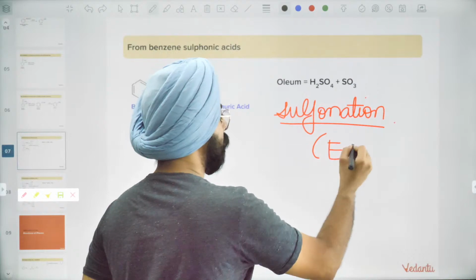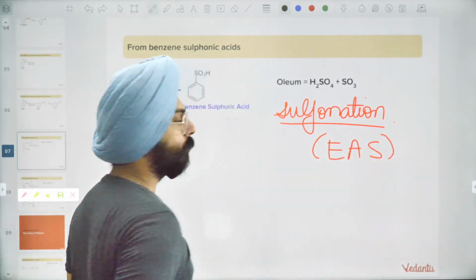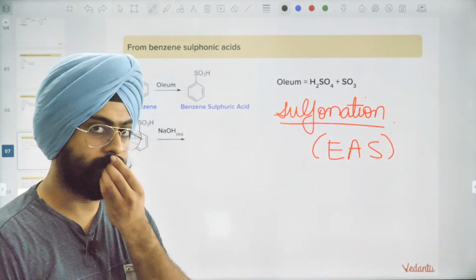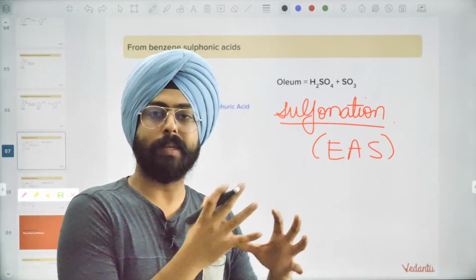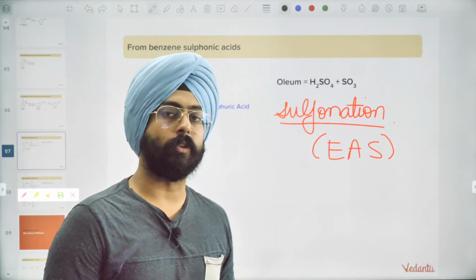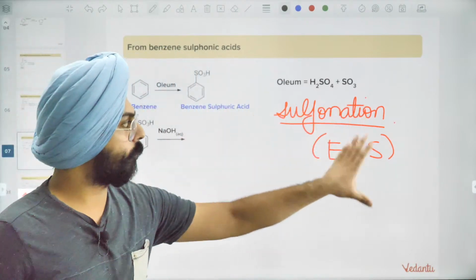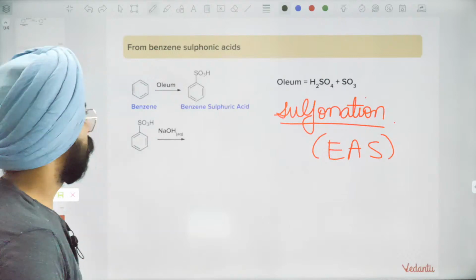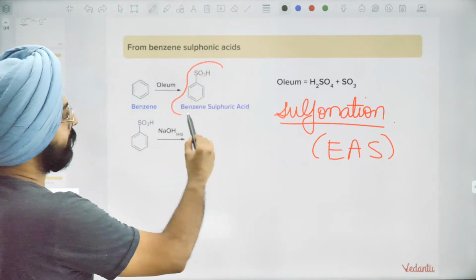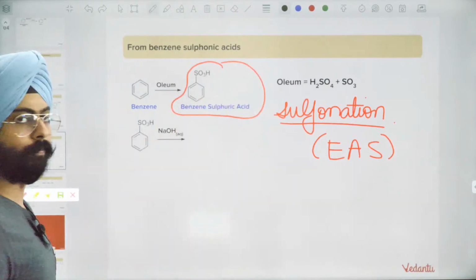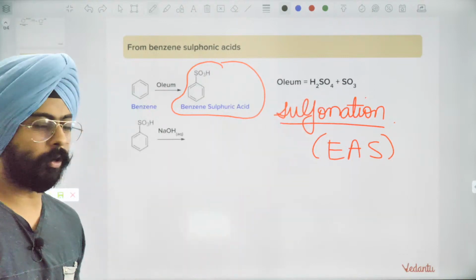This is something that we have done in the chapter of hydrocarbons, which you should have done in 11th class. If you forgot about that, then we have a specific class on the revision of hydrocarbons on this channel, so you can watch that. Okay, so sulfonation, which is electrophilic aromatic substitution, you get your benzene sulfonic acid by reacting benzene with oleum. This is oleum, H2SO4 and SO3.